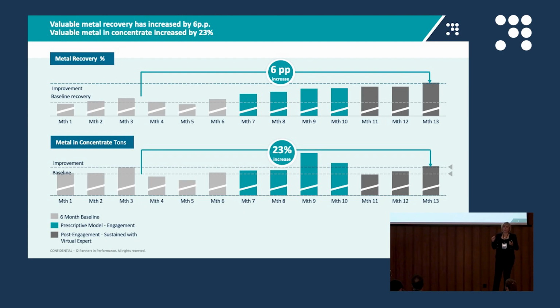The plant has struggled with declining performance over the last 12 months. They had some issues with stockpile blending, but the biggest issue was processing yield and output grade. The light gray bars are the baseline, and the turquoise, or in this case greenish, bars are the engagement, really proving value and implementing the value. But the most important are these dark gray bars.